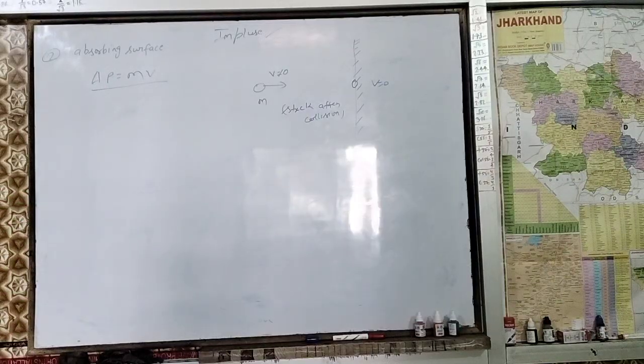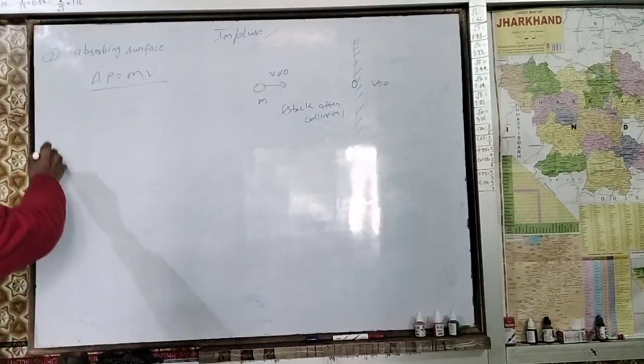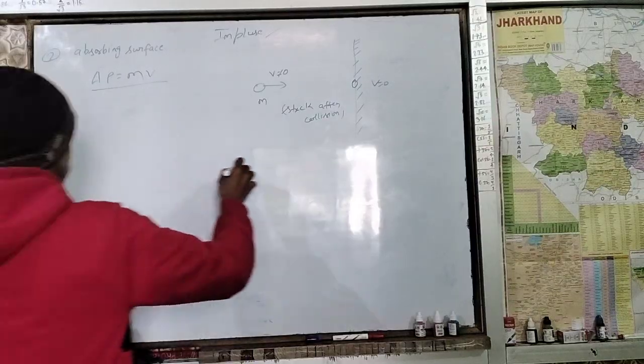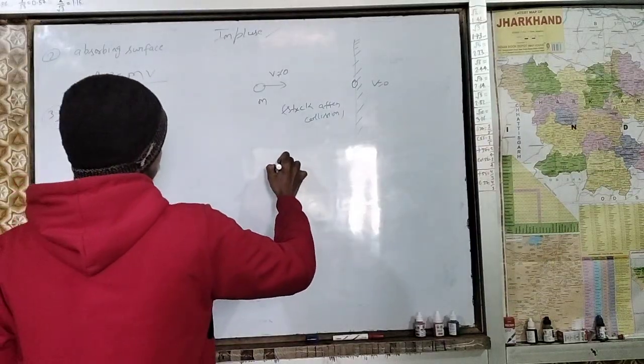And the previous one was an elastic collision. Now third, we have a gun. Third is a gun like this. Let's see.